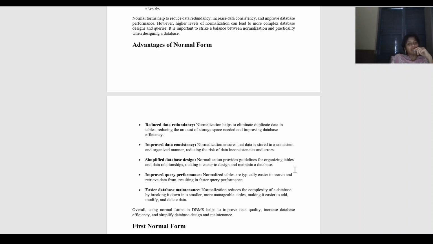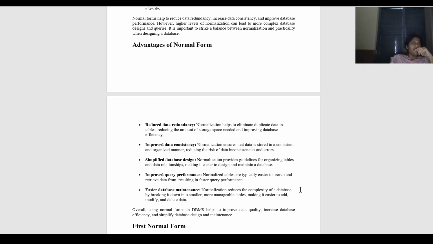Easier database maintenance. Normalization reduces the complexity of a database by breaking it down into smaller, more manageable tables. It makes it easier to add, modify, and delete data. In DBMS, we will create a database and store the data in the form of tables, with rows and columns.